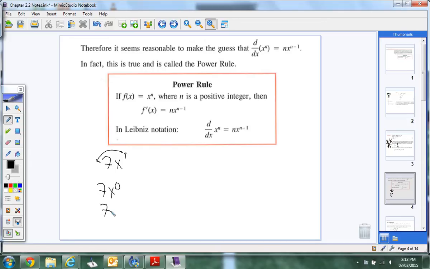That's how it would go for a single variable. Any questions on that? Hopefully if you're taking notes, this is the main thing you want to write down today. This is the power rule.